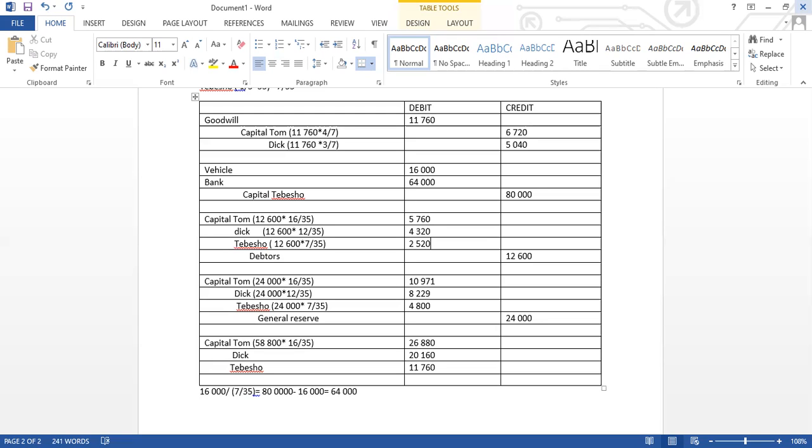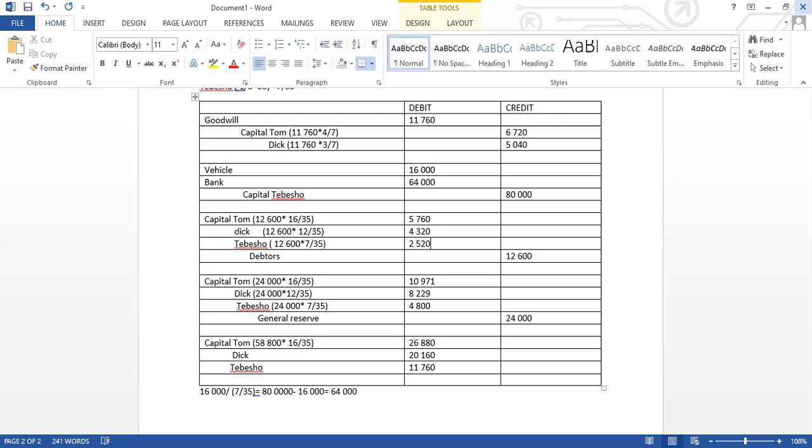So there are two words that you need to be careful with: during and after. If assets are valued during the admission of a partner, then you need to use your old profit sharing ratio. But if it says after the admission of a partner, meaning that they were valued after Tebesho was already admitted, not during his admission, therefore you need to use your new profit sharing ratio.